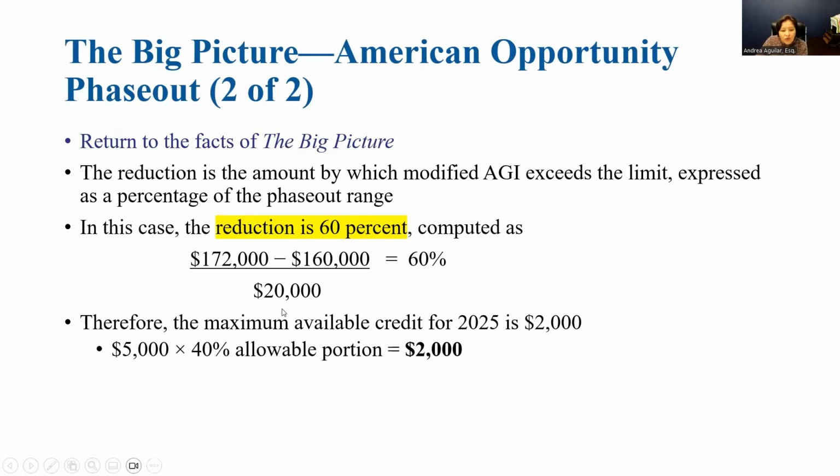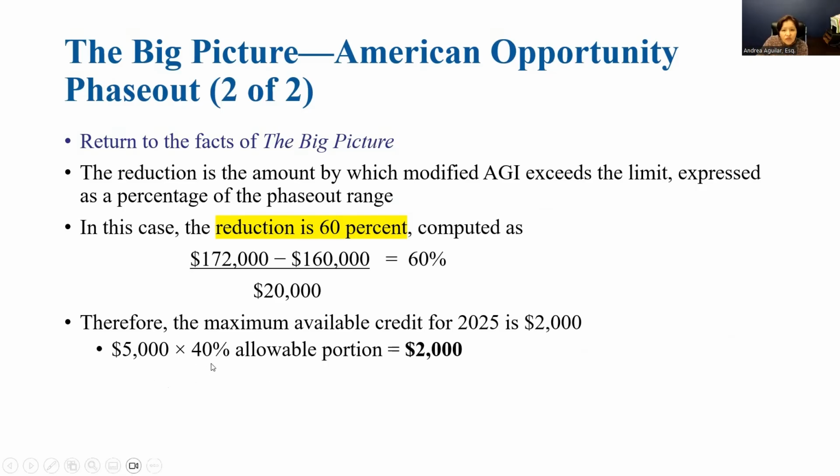Okay, $12,000 over $20,000, that is 60%. So that is the amount of the reduction. So your initial $5,000 will be reduced by 60%, or said in other words, you qualify for 40% of the American Opportunity Tax Credit.